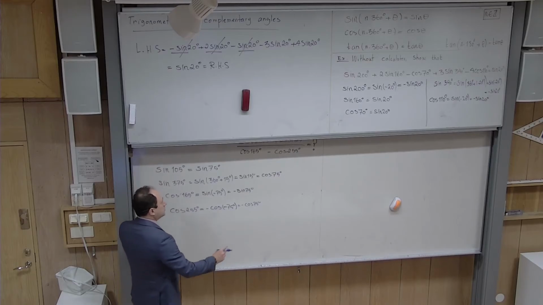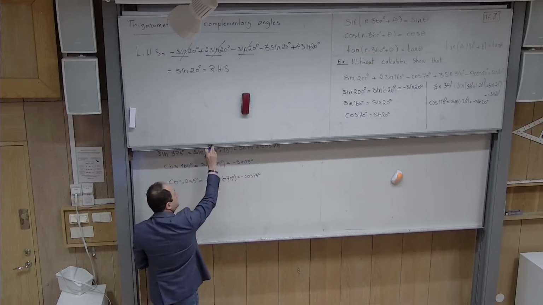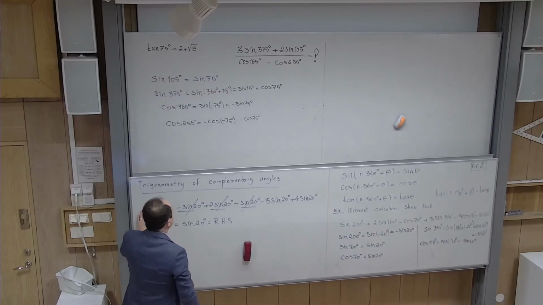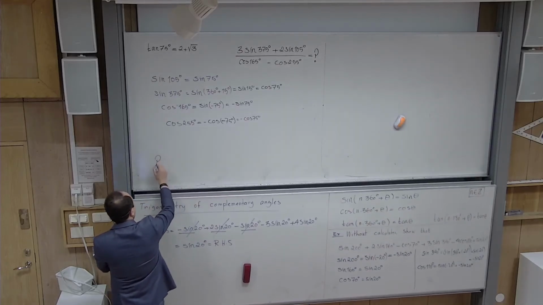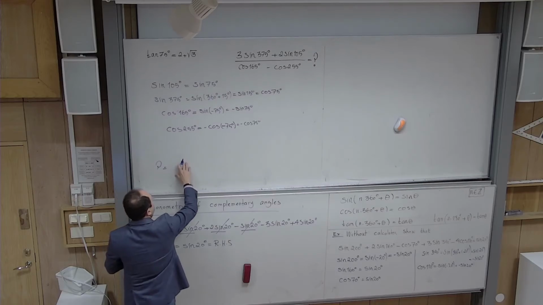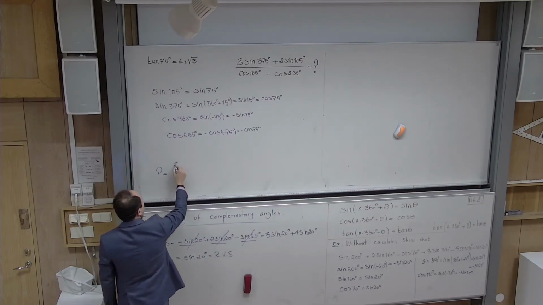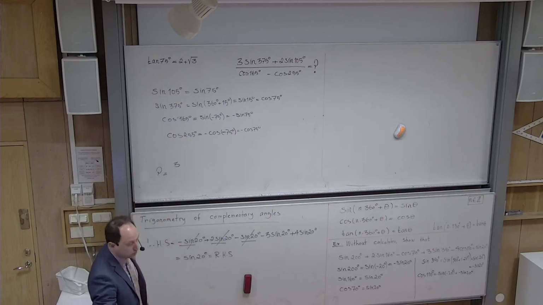Okay, so now what is the question mark? So the question mark is equal to. So what can I write now? 3, instead of sine, let me just show you.